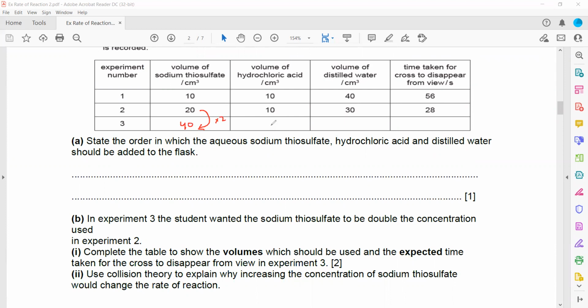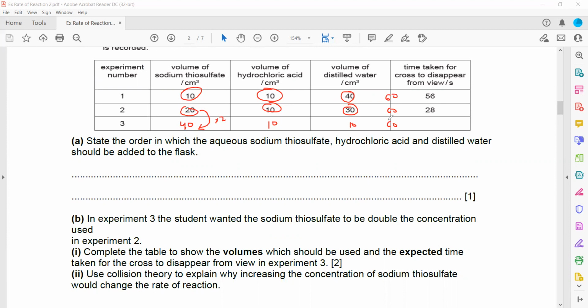The hydrochloric acid amount is not changed, so it is 10. Now what should be the amount of the water? The total volume was 60 in each case, so 40 plus 10 plus 10 gives a total volume of 60.